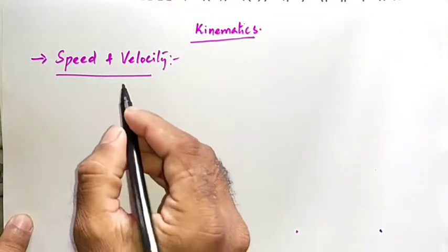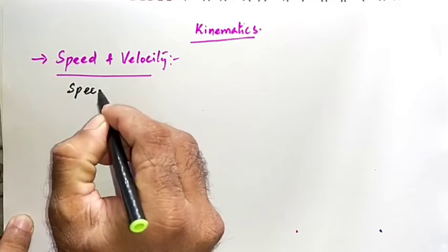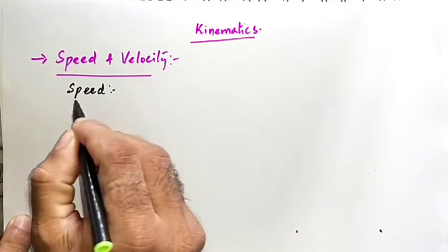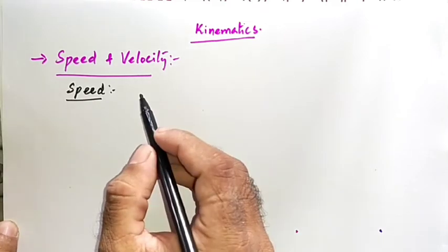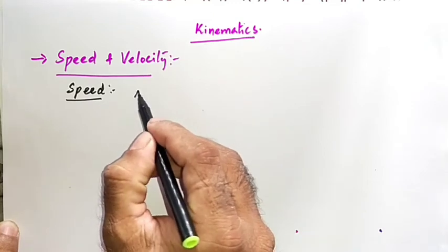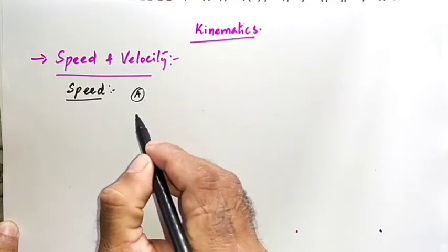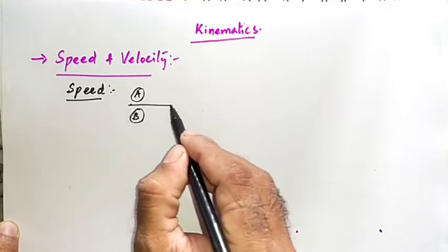First let us see what is meant by speed. So we know that when two objects are moving, suppose object A and object B are both moving on a road.